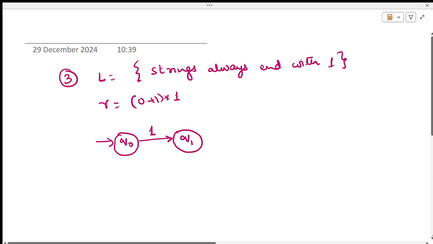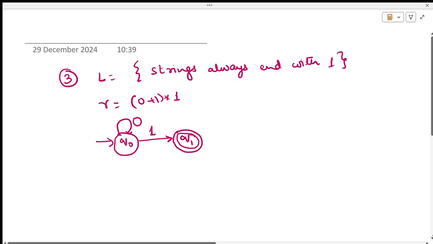Suppose I take 1 here and we reach Q1 on reading 1, and therefore I'll make it a final state. Whenever we have any number of zeros before 1, stay on Q0. Q0 on reading 1 goes to state Q1.